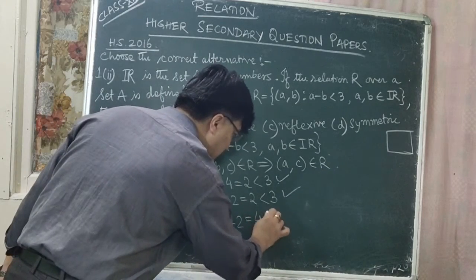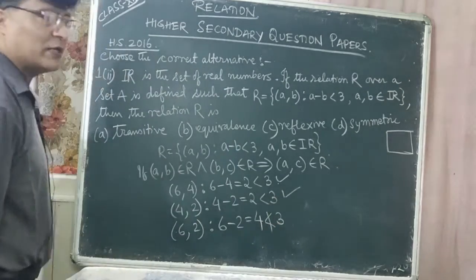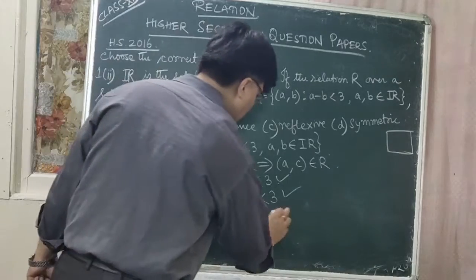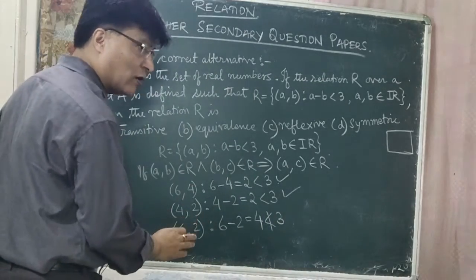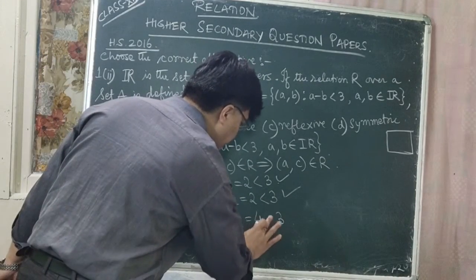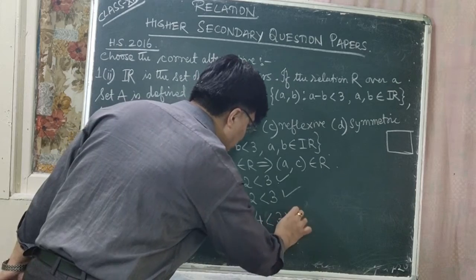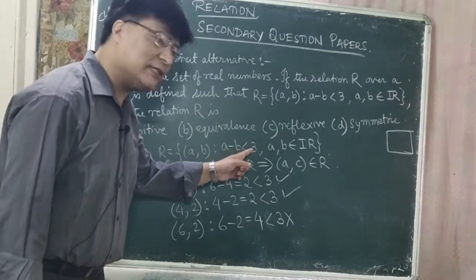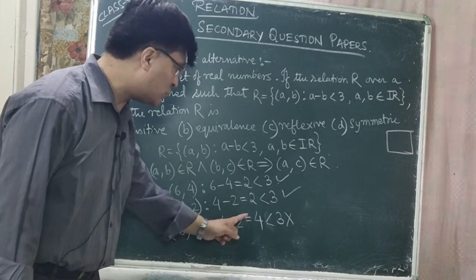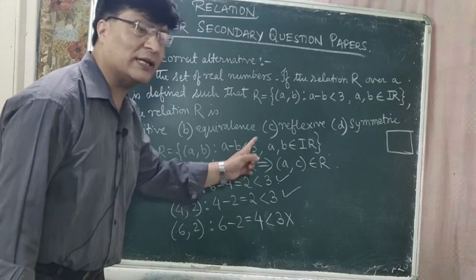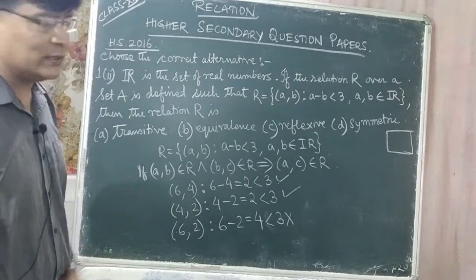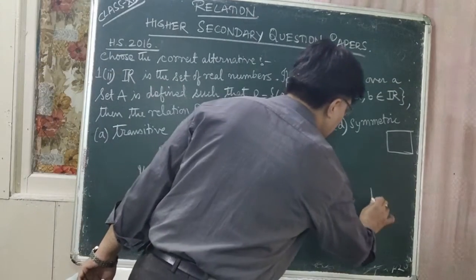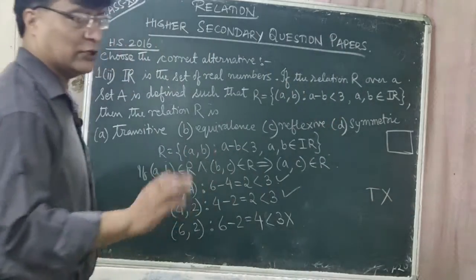Is it less than 3? No, 4 is not less than 3, 4 is greater than 3. So it is wrong. So we are not getting this relation in this case. That is, 6 minus 2 is equal to 4, which is not less than 3. So it is not a transitive relation.